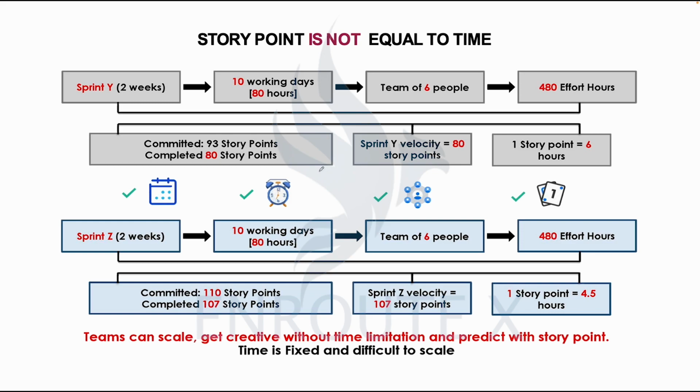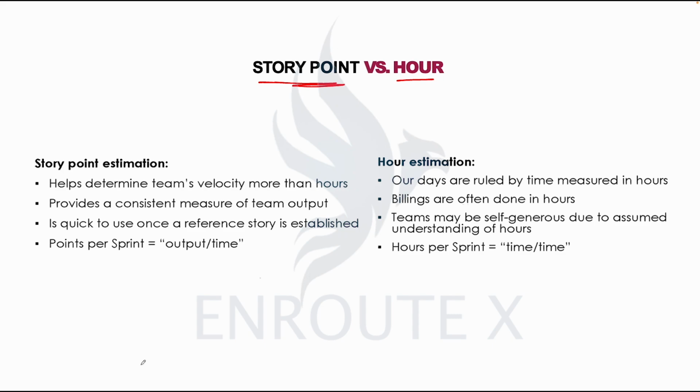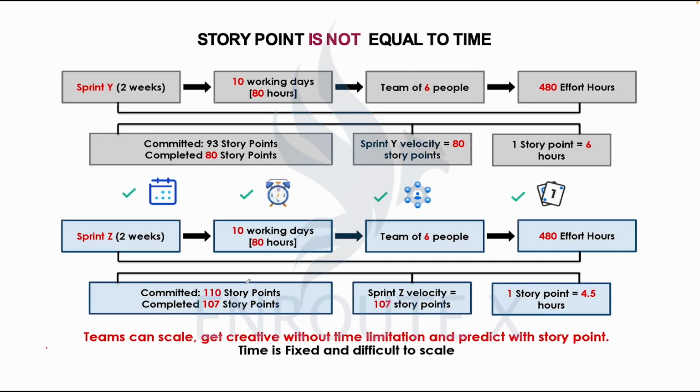Yeah, so let's look at this quickly. This would explain the previous class. This picture here would explain what we have here. So here, let's assume we have two different sprints. This is sprint Y and this is sprint Z. And we have a total number of work hours of 80 hours.